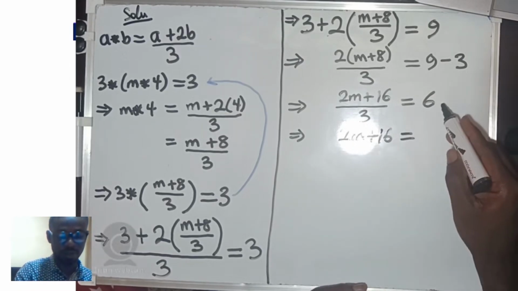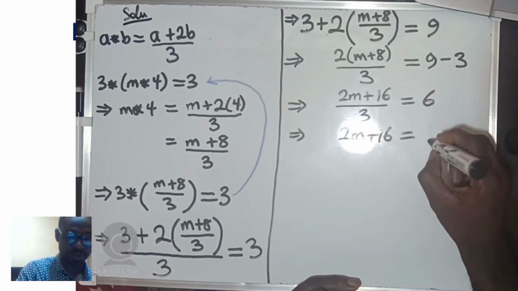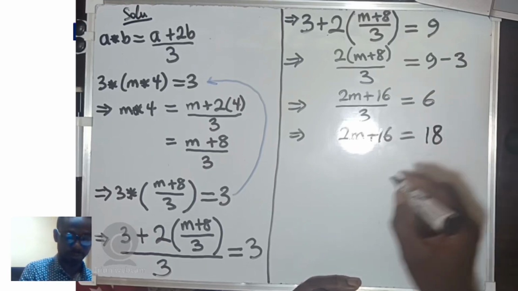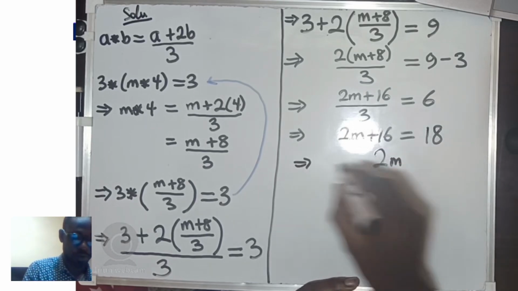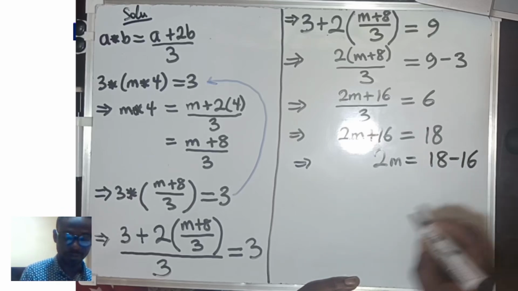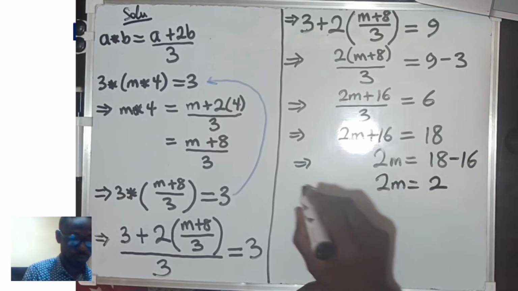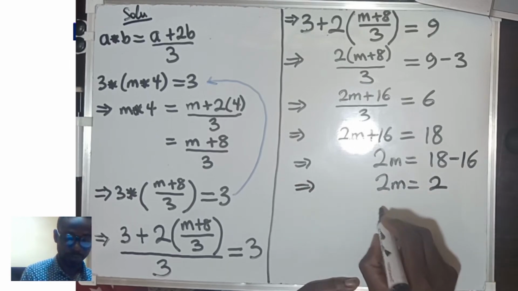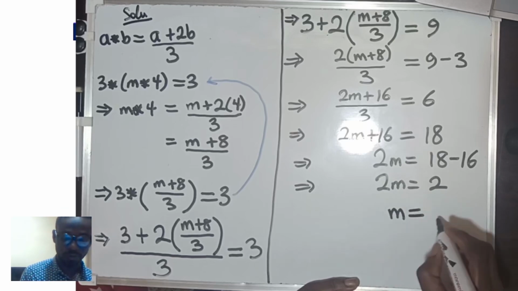When it comes here, it will come and multiply. So 3 times 6, that is 18. And if I'm grouping like terms, I have 2m equals 18 minus 16. So I have 2m equals 2. Then if I'm dividing both sides by 2, my m is going to be 1.